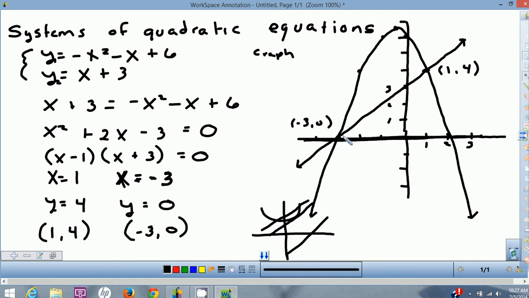It's fine with me if you use the calculator to find those, as long as the instructions don't specifically say to show how you did it algebraically. Also remember, instead of having 2 points of intersection here, you could have just 1 if we came down through here and it just barely touched, or you could have none if this line never crossed your parabola. So that is solving systems with quadratic equations when one of them is a quadratic.